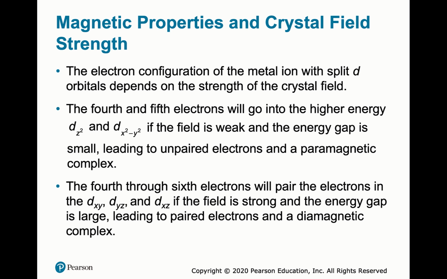The split of this energy level depends on the strength of the crystal field. The stronger the field of the ion, the bigger the energy split is. If there's a big split, the electrons are going to stay in the lower energy level.